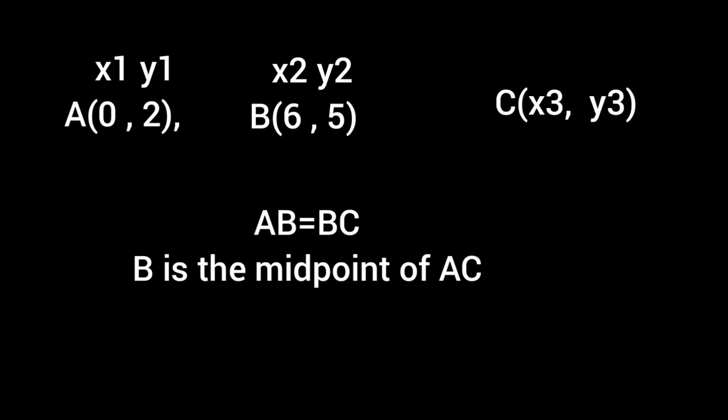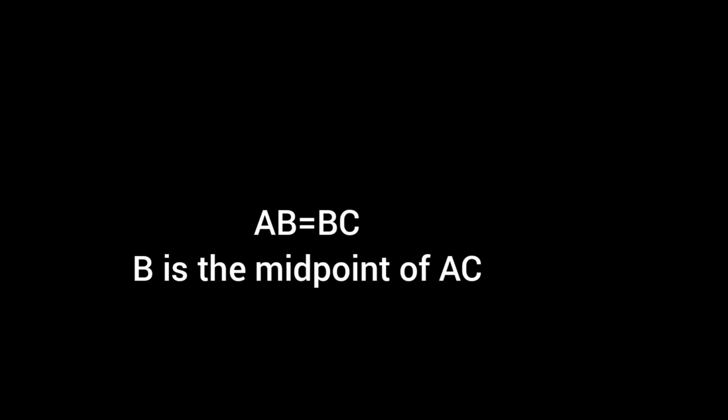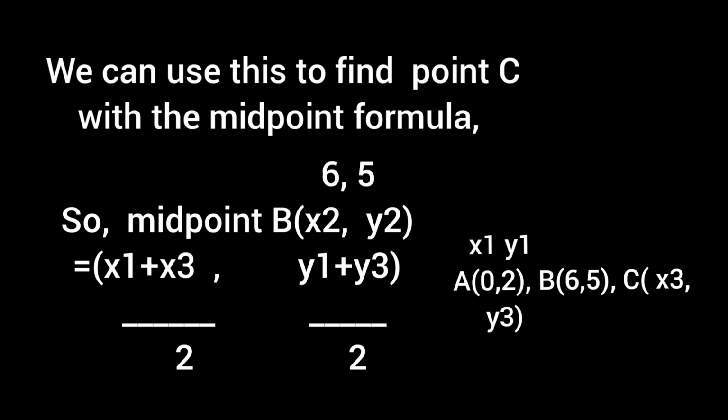AB equals BC, and since B is the midpoint of AC, we can easily find point C if you remember the midpoint formula. Just a little twisted this time. So midpoint B equals (x1 plus x3 over 2, y1 plus y3 over 2).